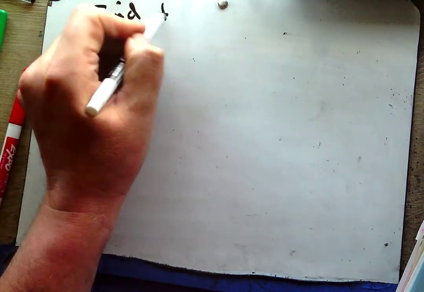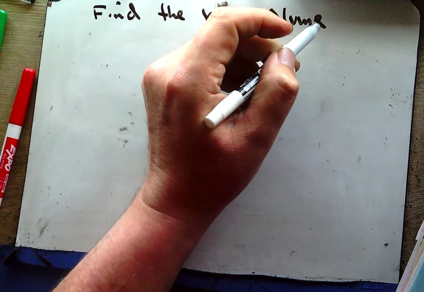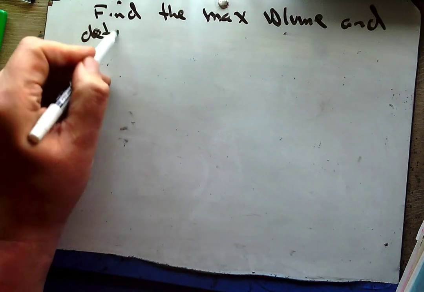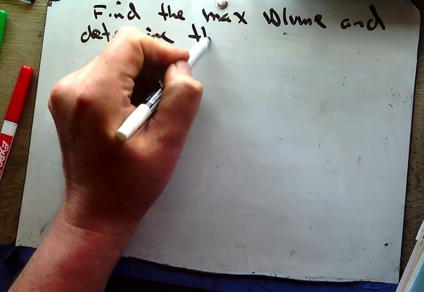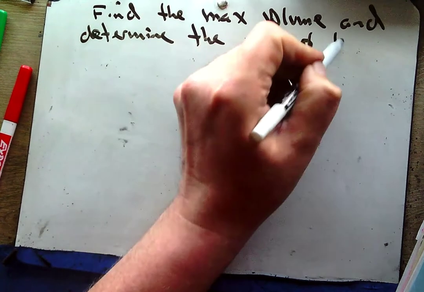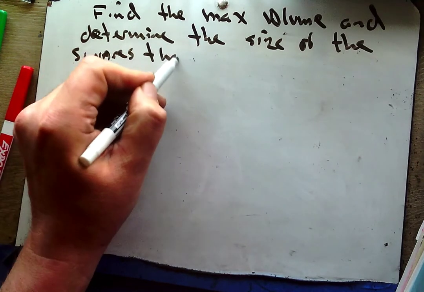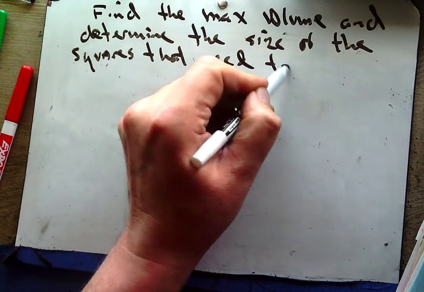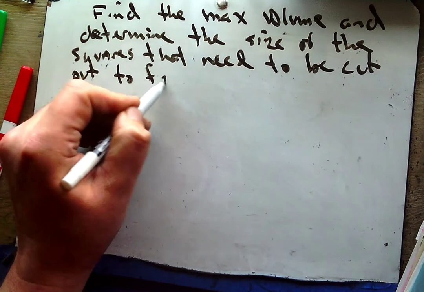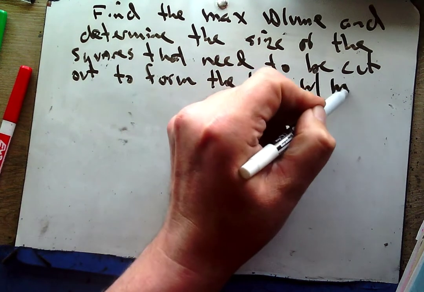Find the maximum volume and determine the size of the squares that need to be cut out to form the box with maximum volume.